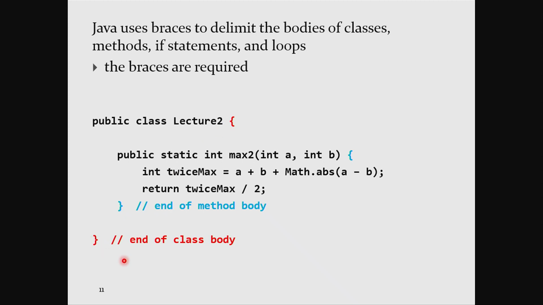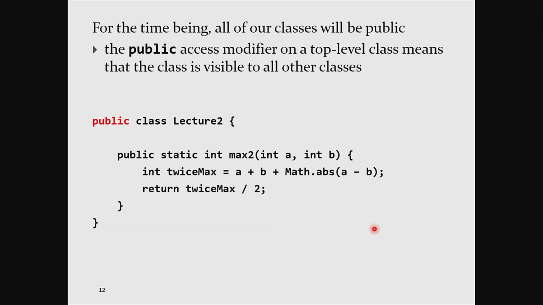Inside the class body there are more braces. The blue braces denote the body of the method. You need the braces. If you try to write this without the braces, you'll get a compiler error. So that's the difference: no indentation, braces to delimit blocks.